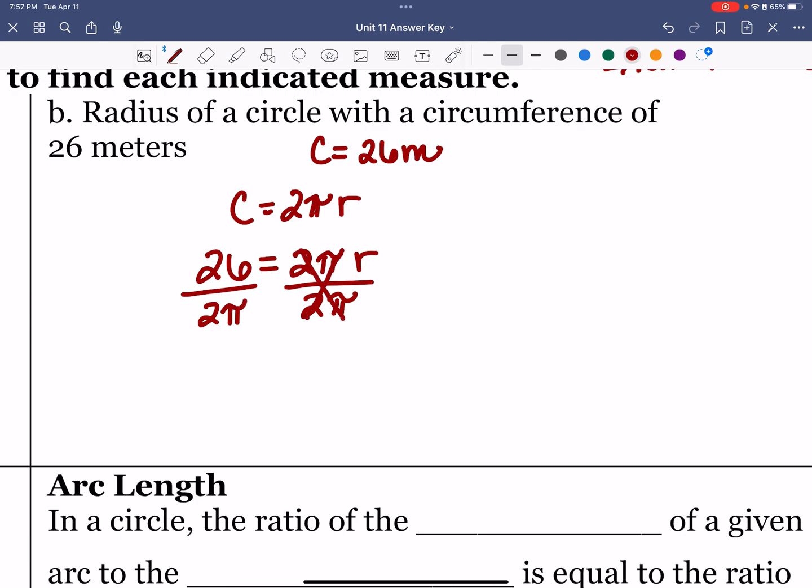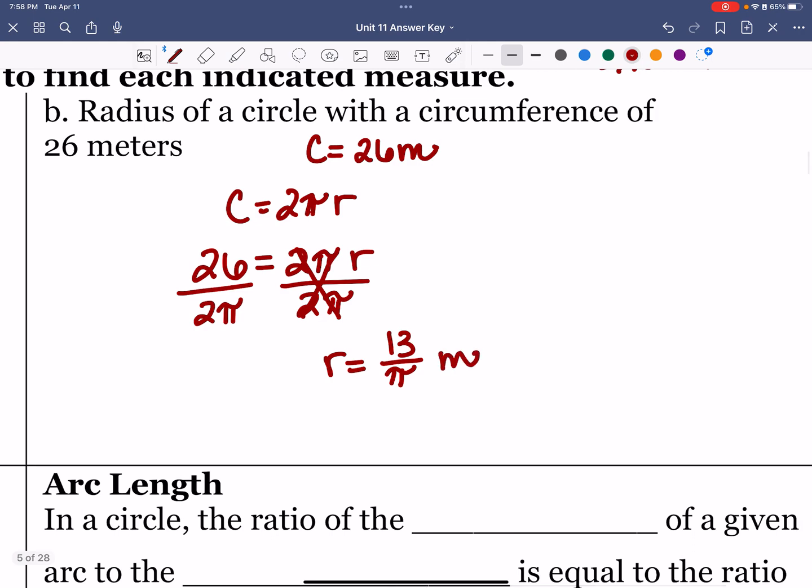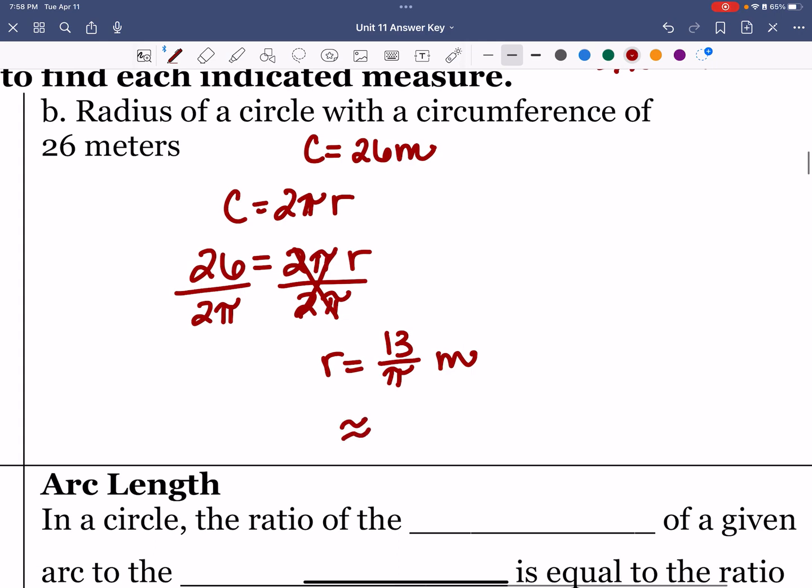So I have two possible answers here. My radius is going to be 13 over pi meters if I leave this in terms of pi. If I want to round to 2 decimals, I'm going to have 4.14 meters.